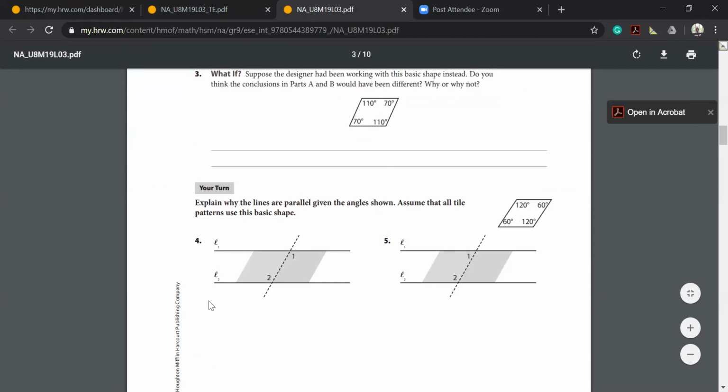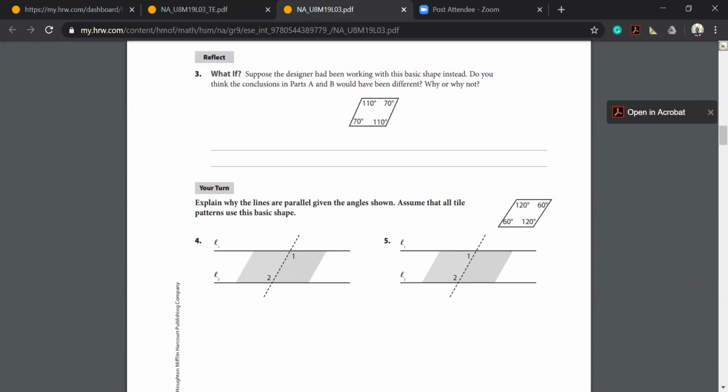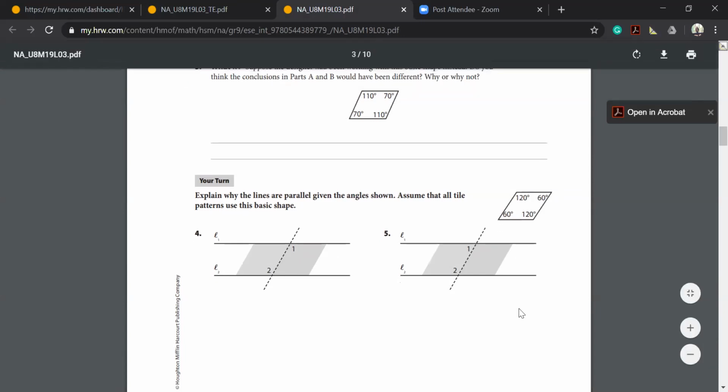So you are going to write in here, since these two angles are whatever, for example, they are same side, they are alternate interior, they are corresponding. And since they are equal, because they are equal to 120, they are equal to 60, whatever, according to this style. So using the converse of whatever theorem, the lines L1 are parallel to L2. Okay, so I'm leaving 4 and 5 for you.